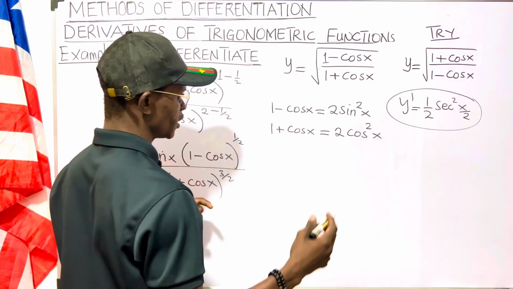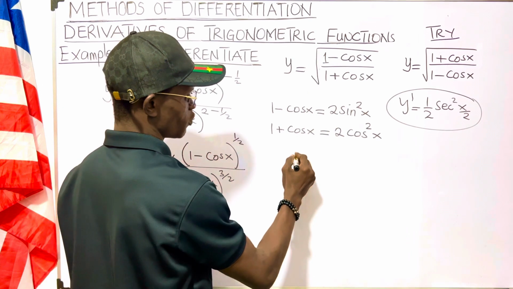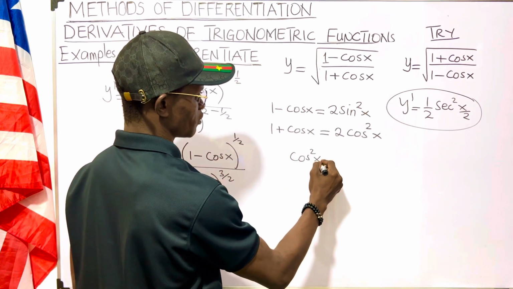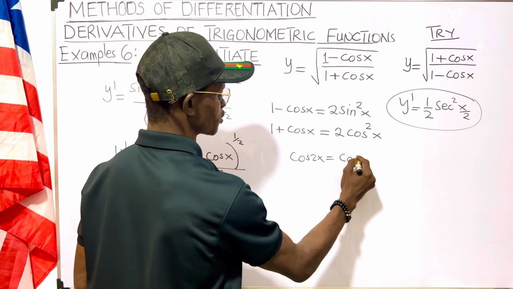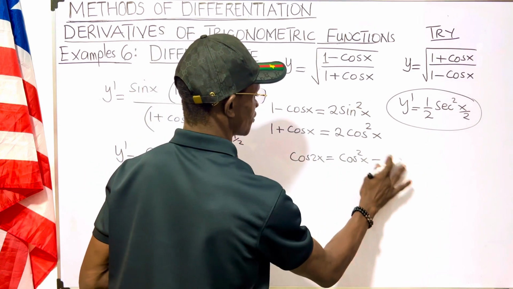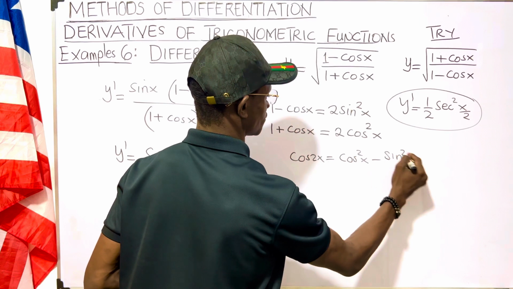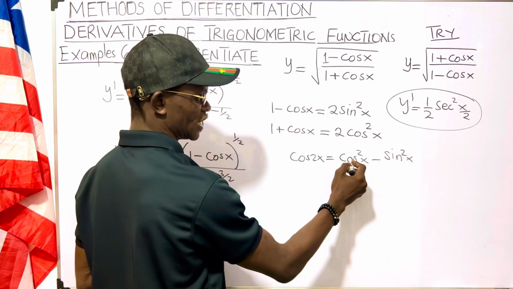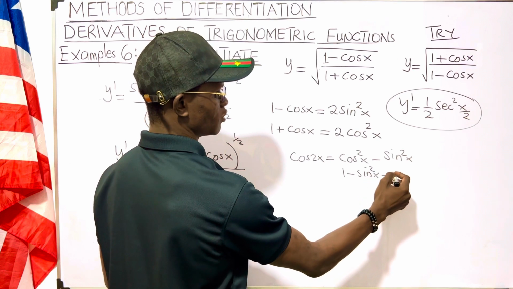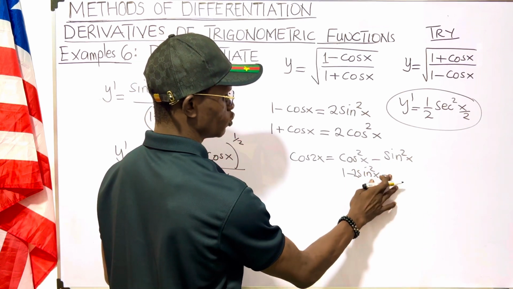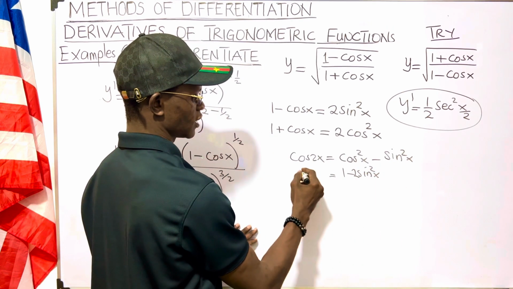So let me recap. We have cos of 2x equals cos square x minus sine square x. So this now is 1 minus sine square x, so this will just give us 2 sine square x.